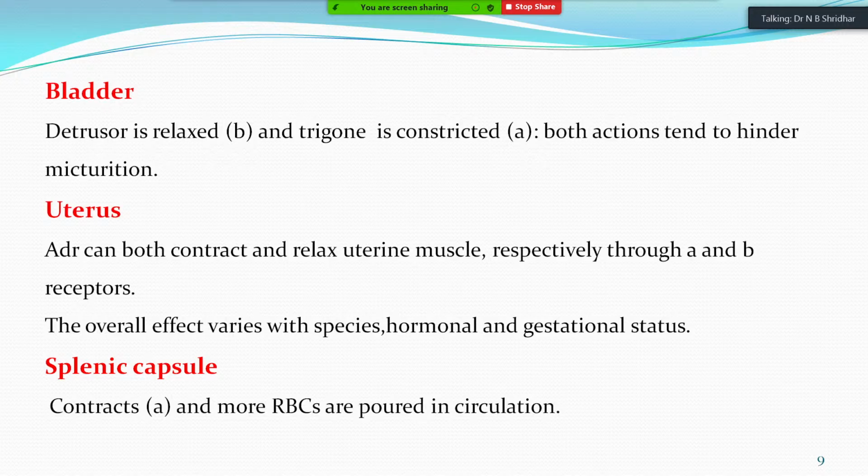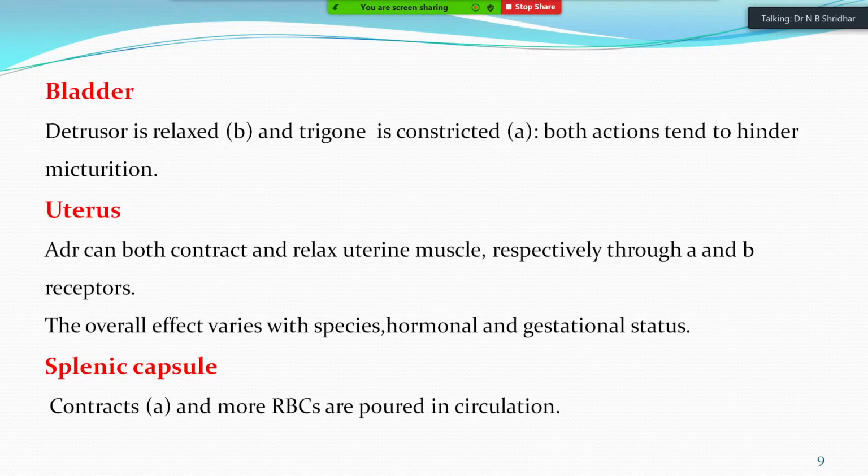So there will be frequent micturition. And in the uterus, adrenaline can both contract and relax uterine muscles through alpha and beta receptors. That's why many times the pregnant animal should not be disturbed. Otherwise, it is going to cause contraction and later relaxation, because the uterus has both alpha and beta type of receptors.